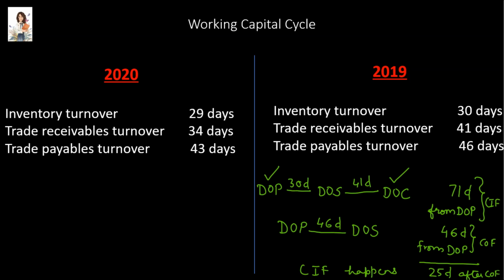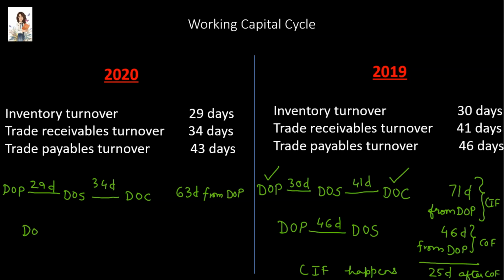Let us check the working capital cycle for 2020. In 2020, the interval between the date of purchase of raw materials and the date of sale is 29 days. The interval between date of sale and the date of collection from the credit customers is 34 days. Therefore, the cash inflow happens 63 days after the date of purchase.